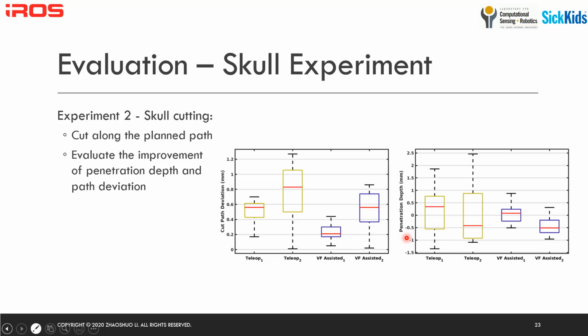As for the penetration depth, the absolute penetration depth has decreased from 0.83 mm for teleoperation to 0.39 mm for virtual fixture assisted teleoperation, also with a smaller standard deviation. Therefore, we conclude that the virtual fixture assisted teleoperation is more advantageous than teleoperation.